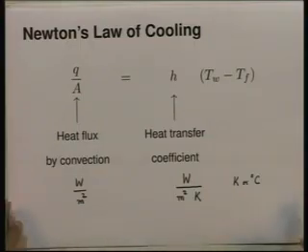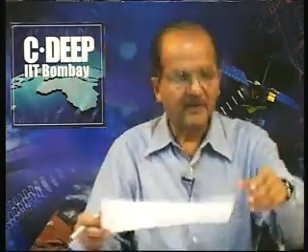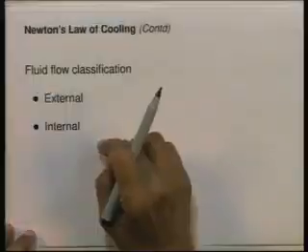All right. Now, when we define this quantity, it is useful also to talk a little bit about the fluid flow classification. I just said there is a fluid in contact with that wall. It is useful to classify the fluid flow taking place above that solid surface as being either an external flow or an internal flow.